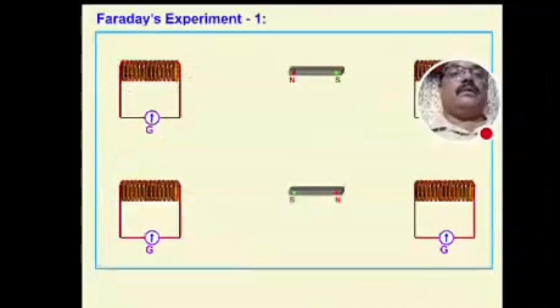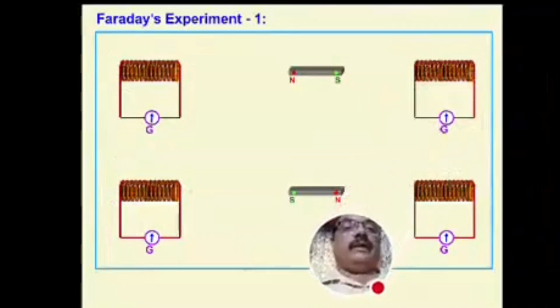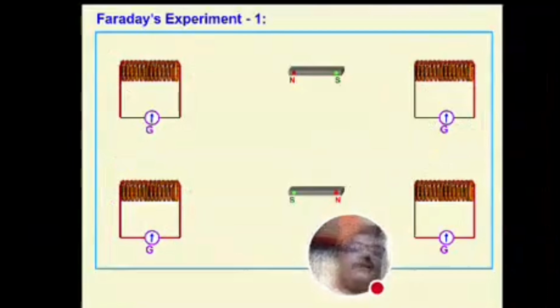Next, we are going to see one experiment. That experiment helps you understand that whenever there is a flux change across the coil, an induced EMF is produced. In the first diagram, there are 2 coils.